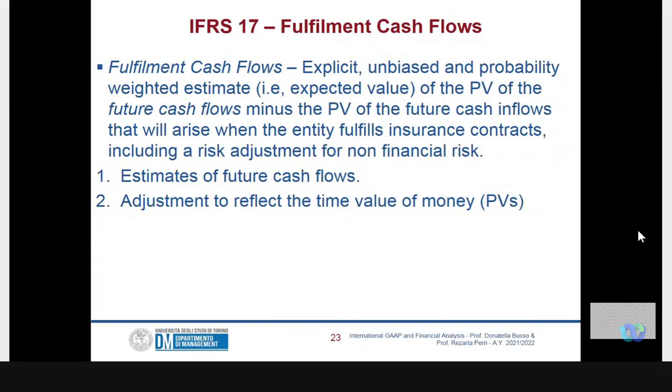That is, first of all, we estimate probably how much we will pay for this contract, which are the future cash flows for this contract. And then the second step is to adjust these future cash flows to reflect the time value of money. This is something that I mentioned before. We discount the future cash flows that will happen in the future.